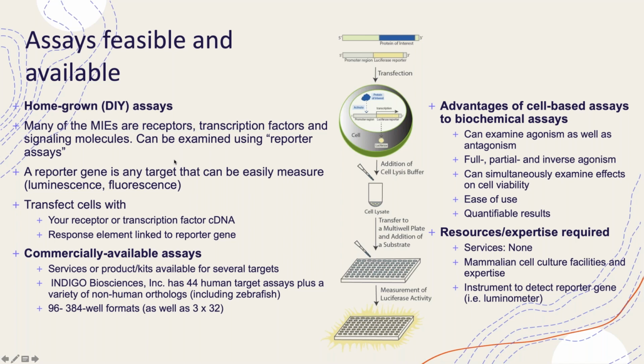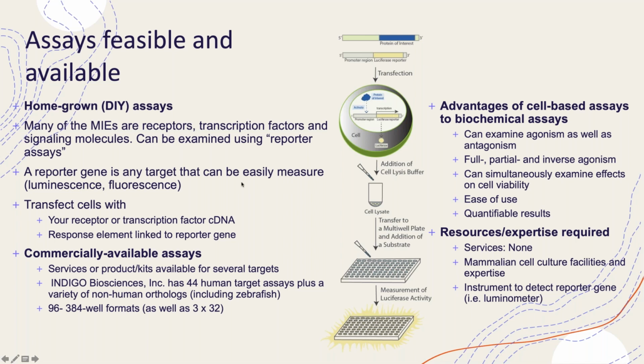But the key feature to developing your own homegrown assay to look at a molecular initiating event is to develop it so that it does have that high throughput capability as well as high quantifiability and sensitivity. So what most people do for these types of assays is they use what's called a reporter gene, where you are putting in a gene that is responsive to your molecular initiating event.